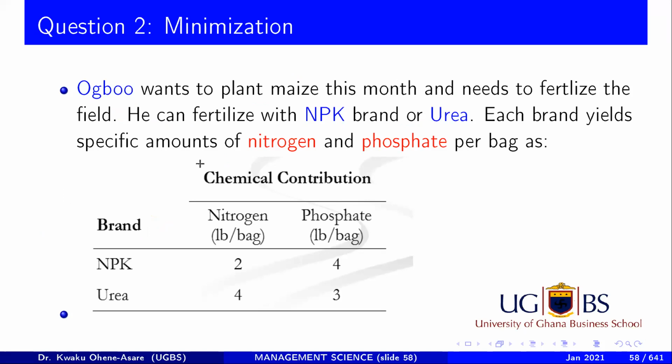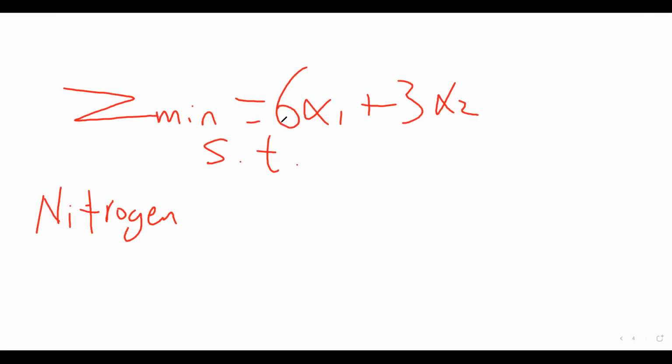So it will be 2x1 plus 4x2. What about the phosphate constraint? So that one will be 4x1 plus 3x2. Good. All right. Of course, there are other things that are involved, but let's write that first. So this is the nitrogen constraint and this is the phosphate constraint.